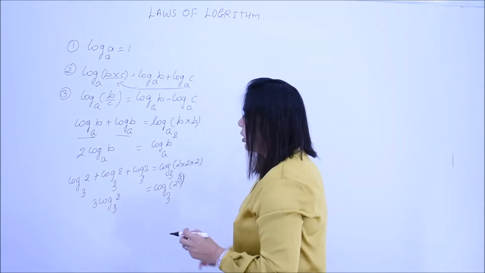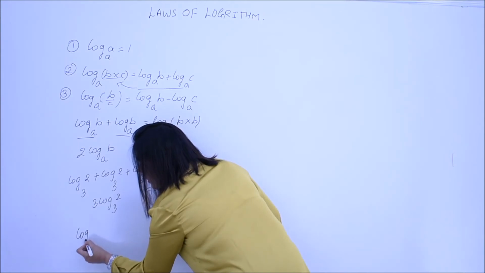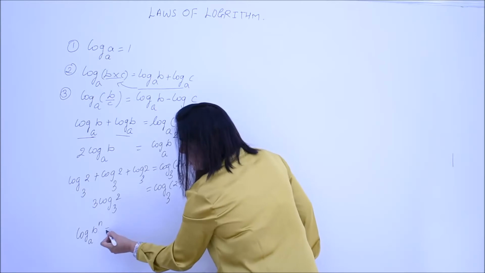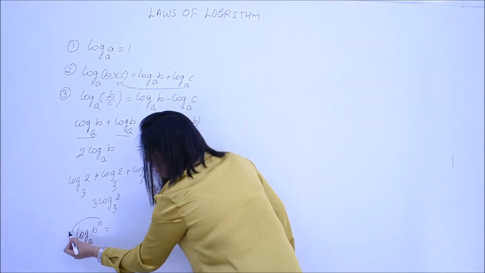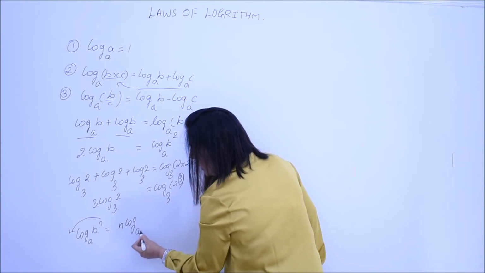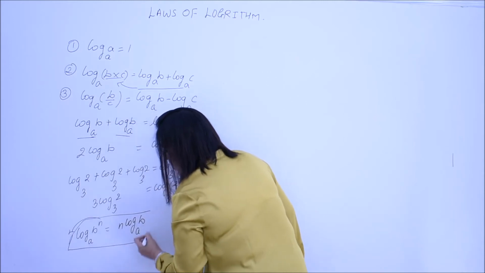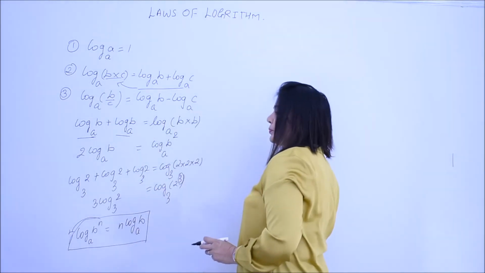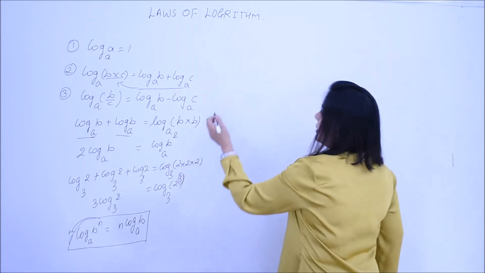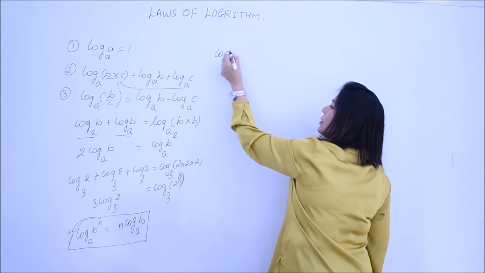So this is one more law which we come across: if log to the base a of b to the power n, then it is true that this n goes over here, which is n log to the base a of b. So this is another law.